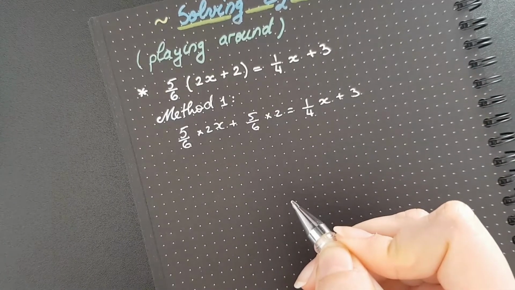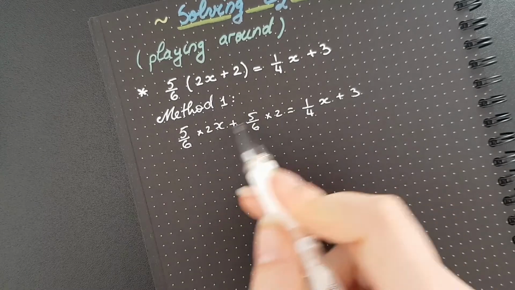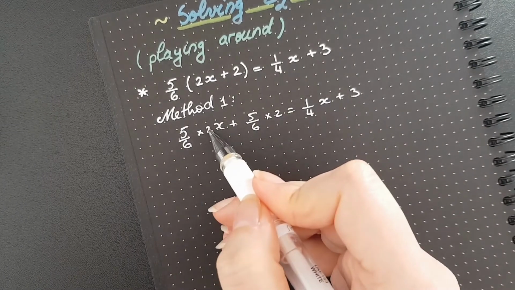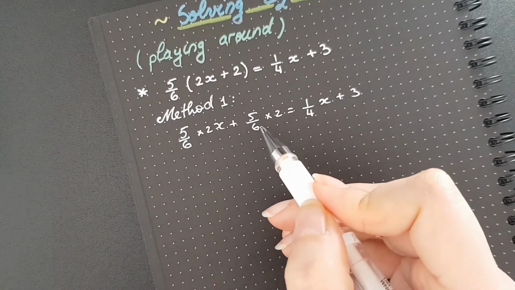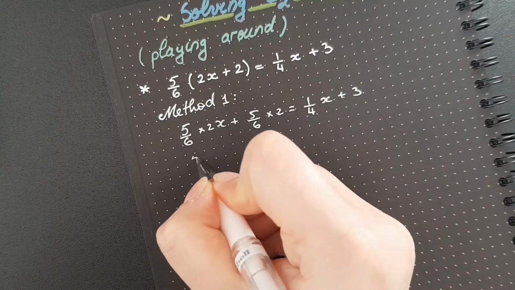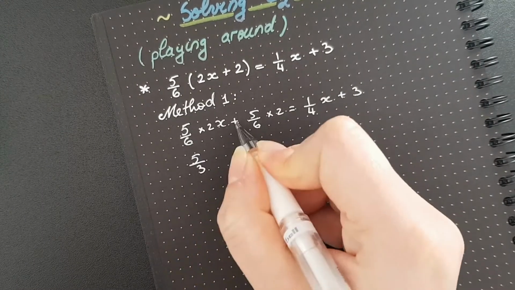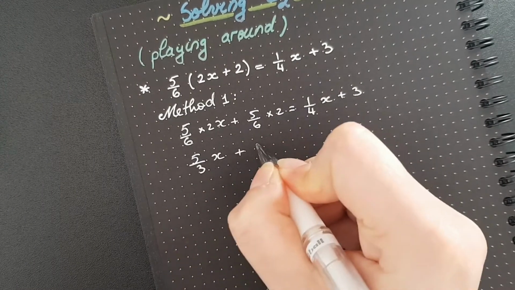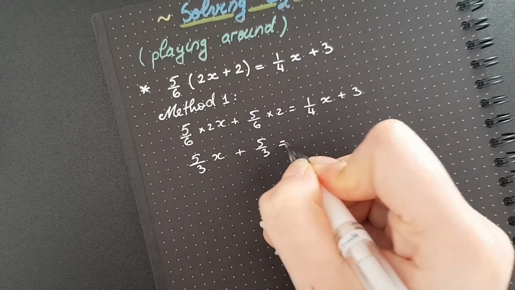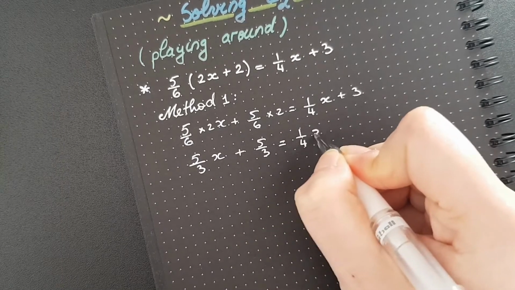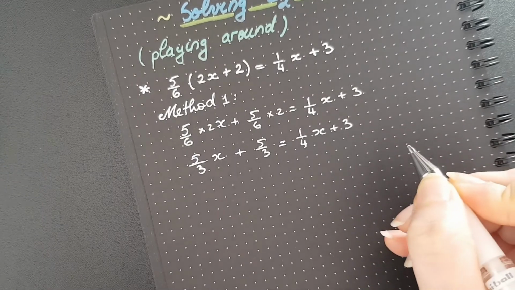Now I want to look at these fractions and simplify them. So the 2 with the 6 simplifies, so go 5 over 3. I'm left with x plus 5 over 3 equals 1 over 4x plus 3.